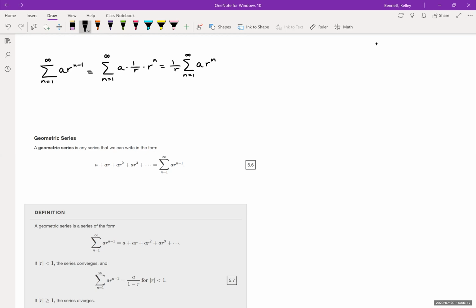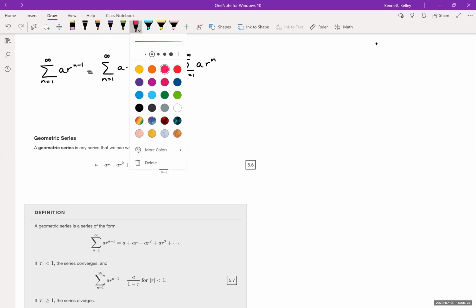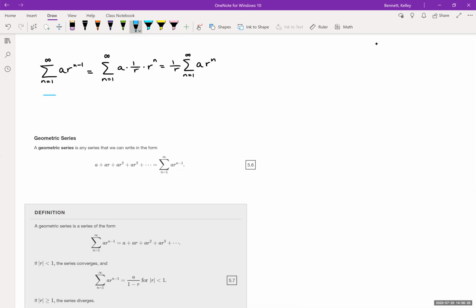But another cool thing that you can always do, and this is maybe one of my favorite series tricks, is this: if you have a series, let's say n equals n naught, we can start anywhere, and let's say we have a to the n.